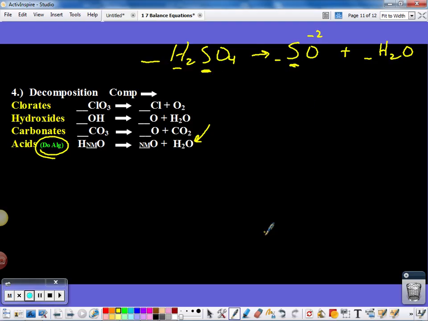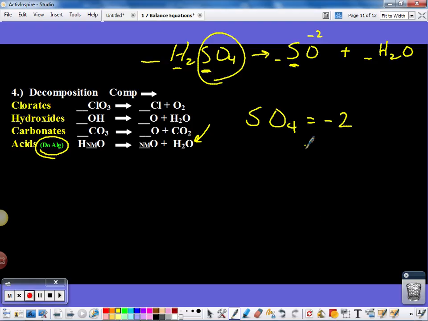So what we do is pull out one polyatomic ion. So here's my polyatomic ion. Pull it out. Set it equal to, any ideas? -2. I don't set it equal to 0. I set it equal to its charge from your pink sheet. Pick your charge from the sheet.